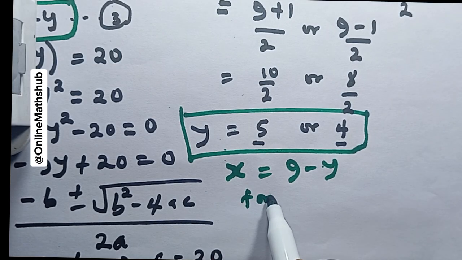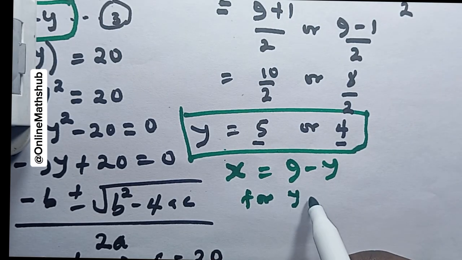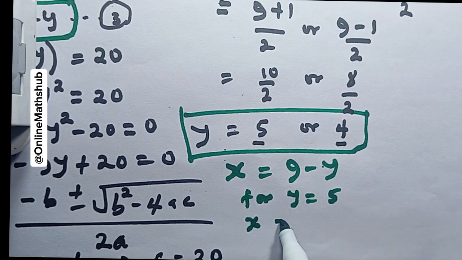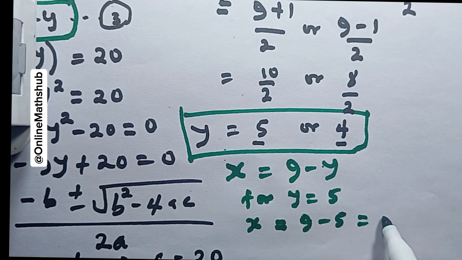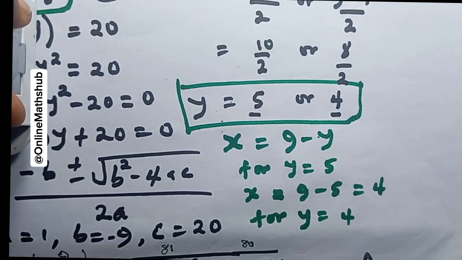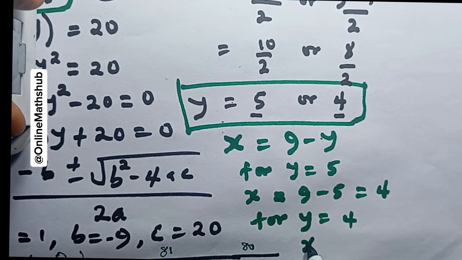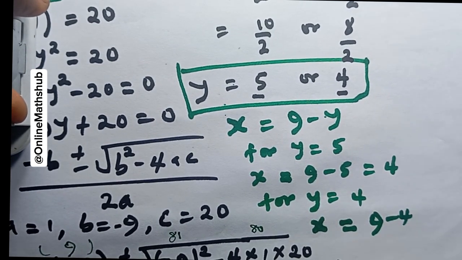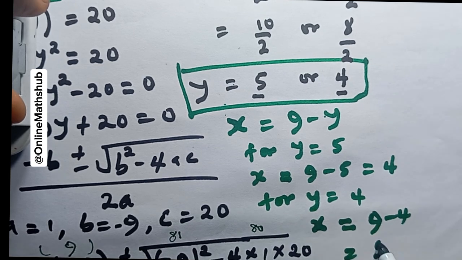So for y equal to 5, we can go ahead to compute our x. x will now be equal to 9 minus 5, which is equal to 4. Okay, and then for y equal to 4 right here, our x will now be equal to 9 minus 4, which is equal to 5.